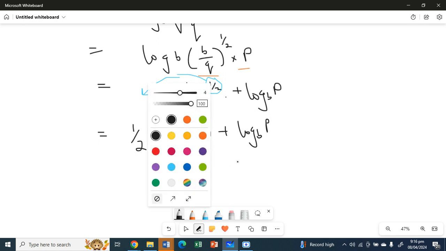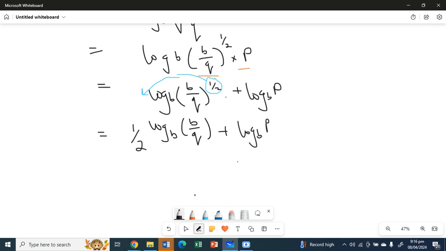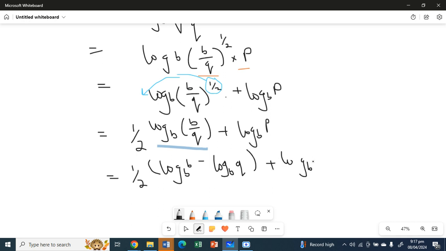Okay. So now what is remaining is we can apply the quotient rule for this here. So we're going to say half, open brackets, we apply the quotient rule, log_b b minus log_b q, plus log_b P. Colleagues, are we okay with this?